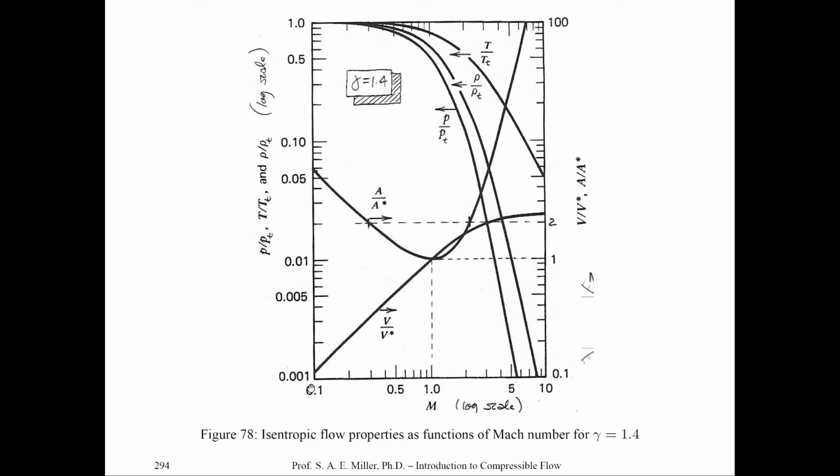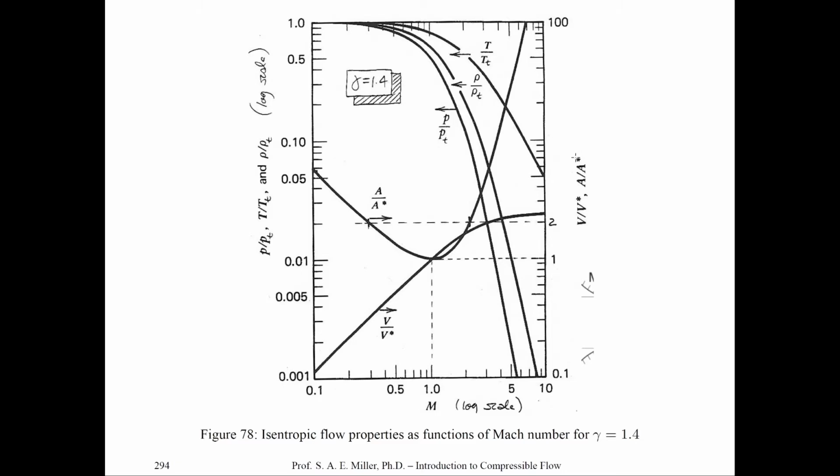It's also on a log scale from 0.001 all the way up to 1, because of course it's normalized. On the right-hand side, we have another log scale on the y-axis from 0.1 to 100, and 1 and 2, etc. are labeled for your convenience. This is the normalized velocity. Here it's V, but it could be u over u sup star, which is the velocity at the transonic condition. And of course, A over A sup star, where A sup star is the area at the throat, which is choked, denoted by the sup star or critical condition.